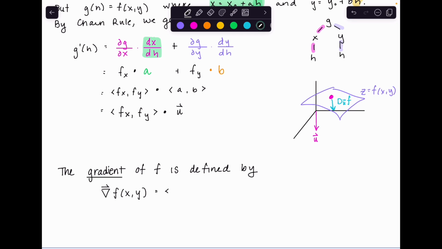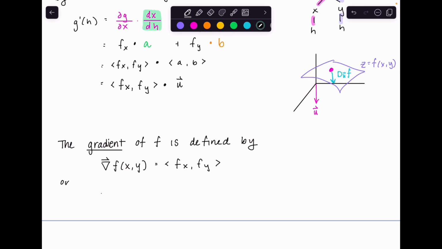So this creates a vector whose components are the partial derivatives. Or you can also do this if you're taking the gradient of a function that has components x, y, and z. This would create a triple vector whose components are still partial derivatives with respect to each of those variables.